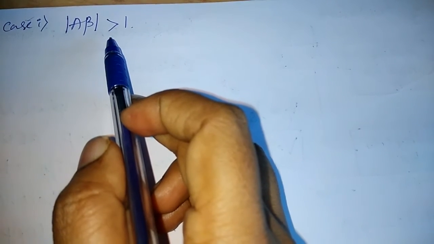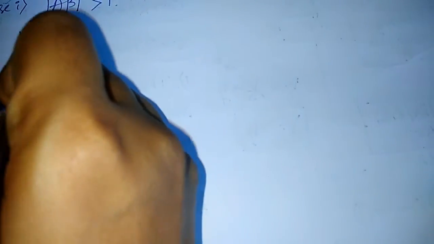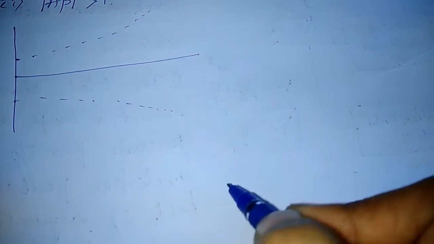So case 1, when A beta is greater than 1. If the magnitude of the product of open loop gain and feedback factor is greater than 1, we will get oscillations, but they are not sustained oscillations. They will not have constant frequency and amplitude.